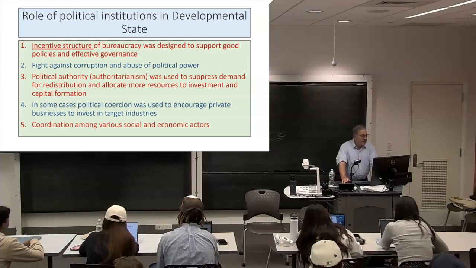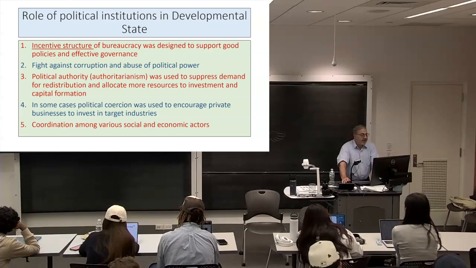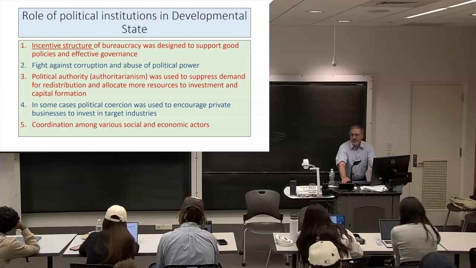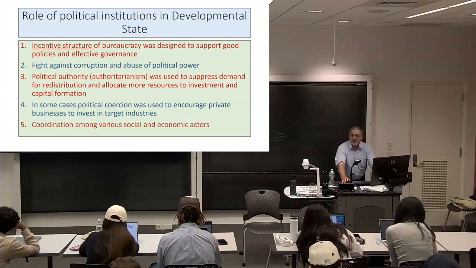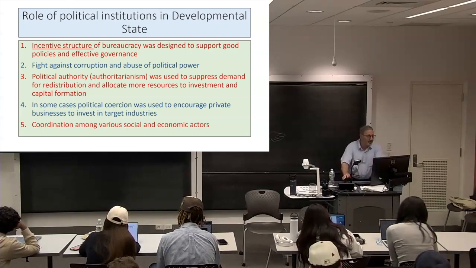Okay, so then because of all of those three things that we said, political institutions are very important, the quality of political institutions. And that brings us back to the role of governance, significance of governance in developmental state.